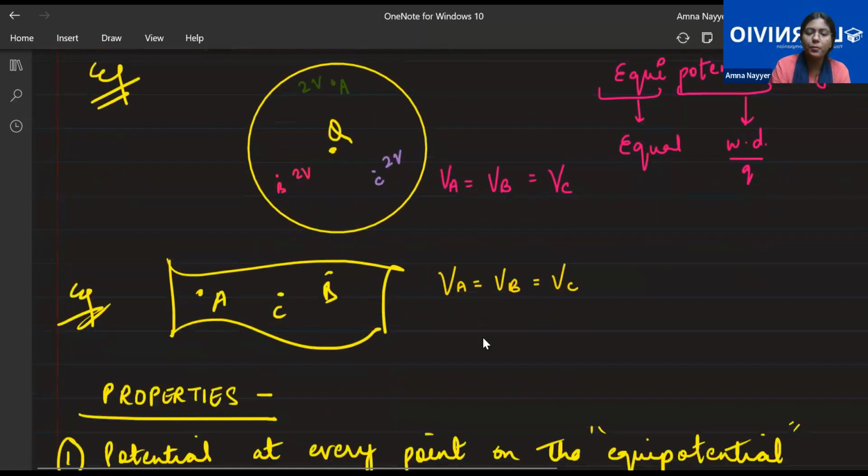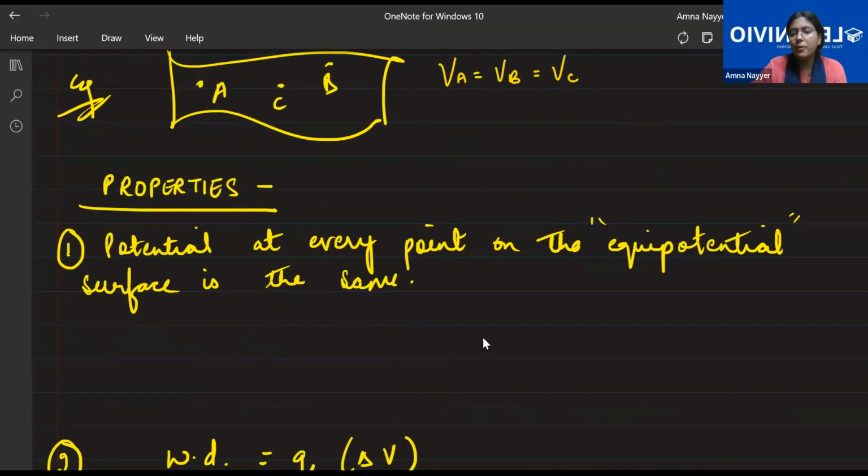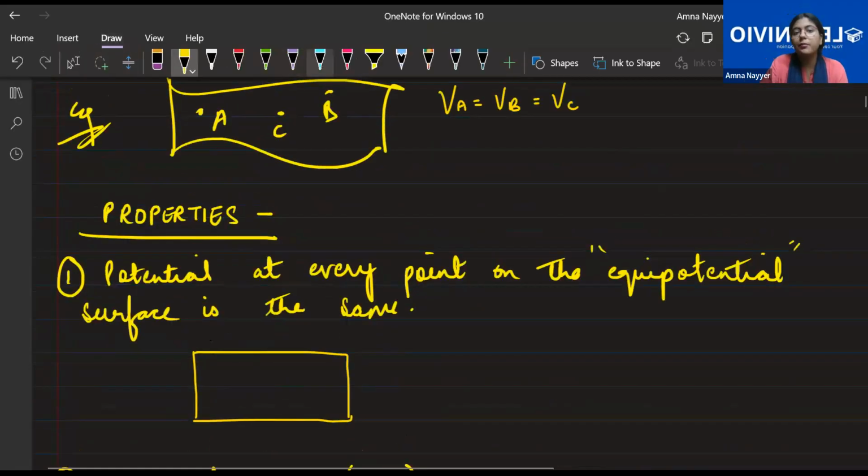So there are certain properties of it. First property is that, what is the definition? Potential at every point on the equipotential surface is the same. At every point, if you have any figure, any shape, size, whatever it is, the potential shouldn't be variable. A point here is chosen, a point here, a point here.